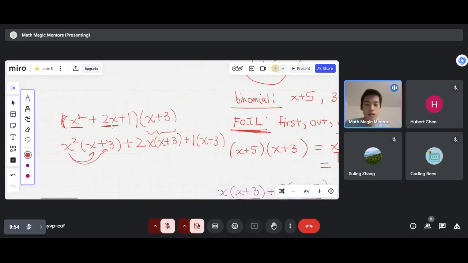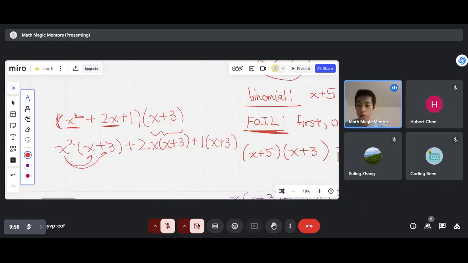This doesn't really have much to do with the concept of quadratics, but it's very important to recognize that when you have multiple expressions in succession, multiplied by each other, you just need to pick out one term from every parentheses. So let's say you get x squared and 3.